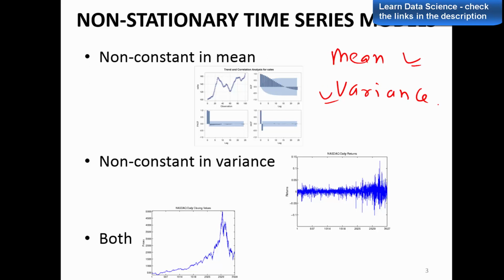So the mean could be non-constant. Both of these have to be constant, and sometimes the mean would be non-constant.